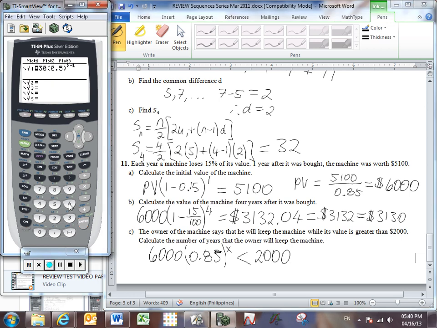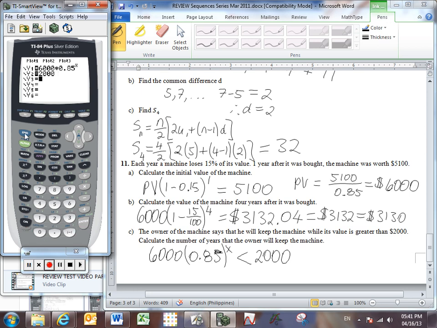My left-hand side is 6,000 times 0.85 to the power of x. Let's start again. 6,000 times 0.85 to the power of x. And when is it less than 2,000?